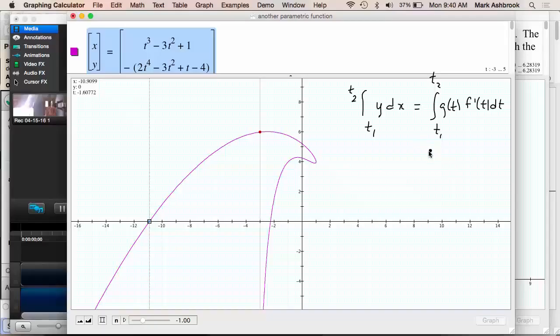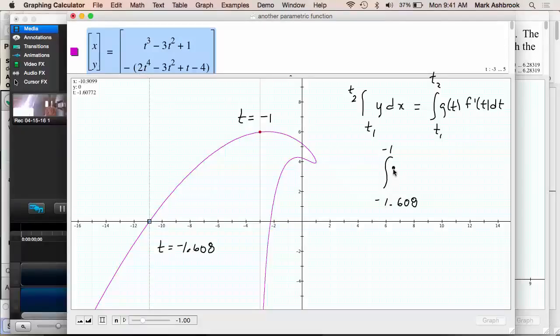So we got t is negative 1.608, and this was the point t equals negative 1. So it's going to be the integral from negative 1.608 to negative 1 of what's g of t?